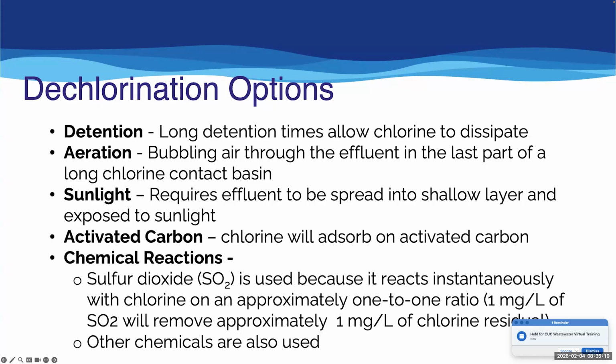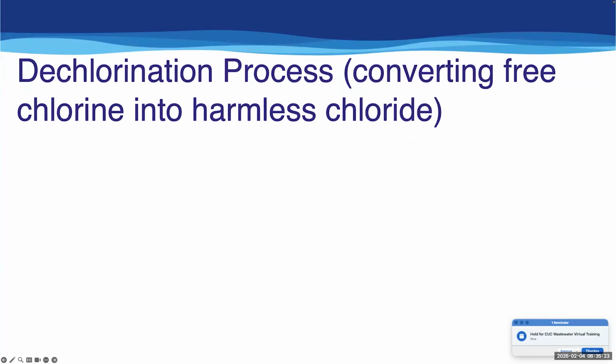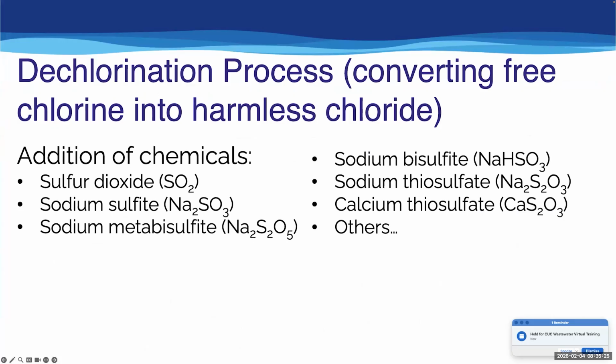So it makes the math a little bit easier. But there are other chemicals that are used in this process. Things like sodium sulfite, sodium metabisulfite, sodium bisulfite, thiosulfite, calcium thiosulfate. All of these will do the trick. But again, sulfur dioxide gas is the one that's, I think, most frequently used.